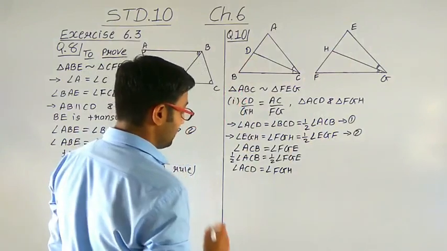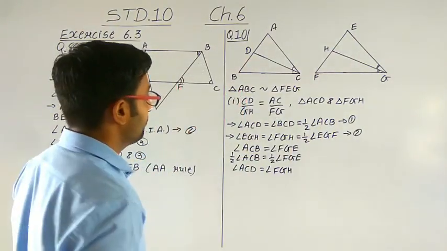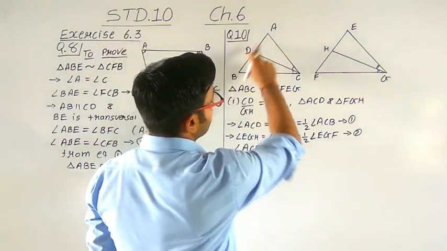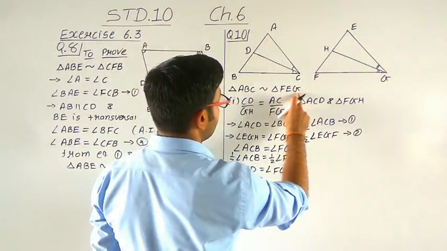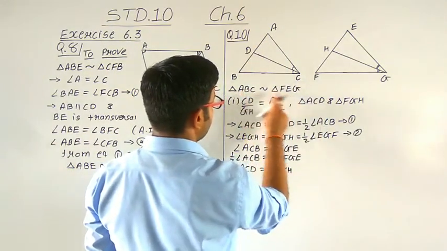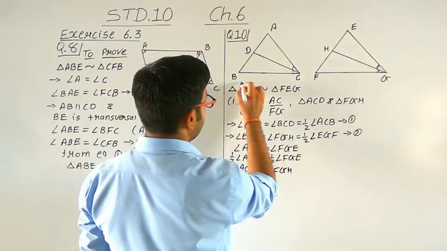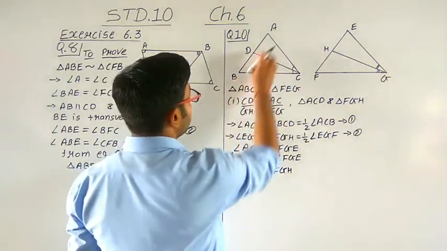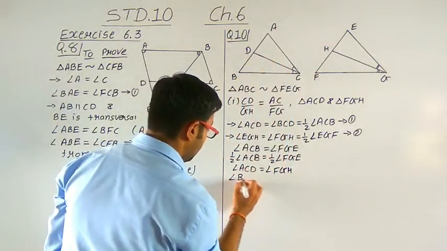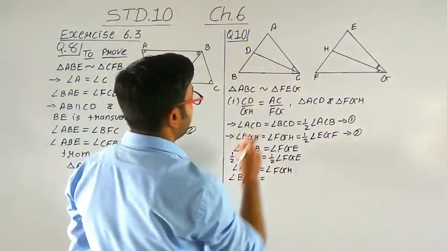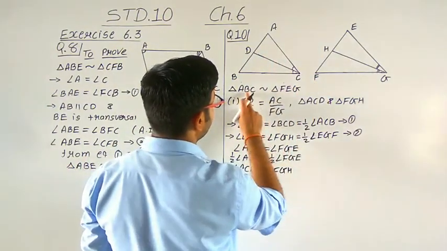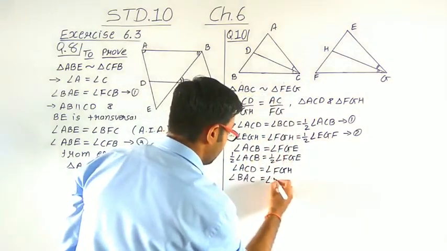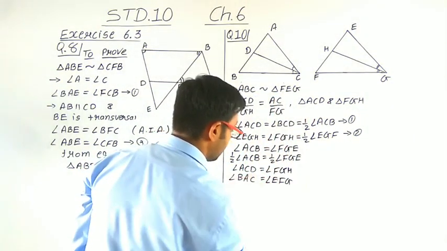Second angle we have to prove that they are equal. So which angle can we prove? See, in triangle ABC, angle A is there, and in triangle EFG, angle F is there. So according to the similarity criteria, we can write angle A is equal to angle F. Angle A we can write as angle BAC, and here angle EFG.